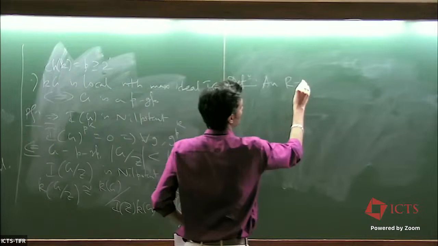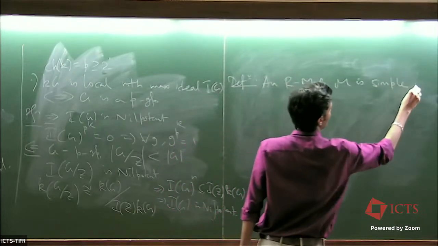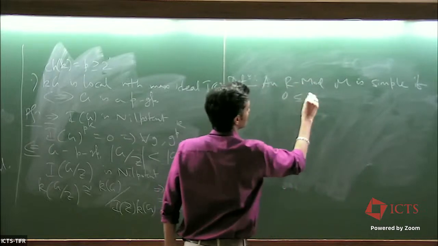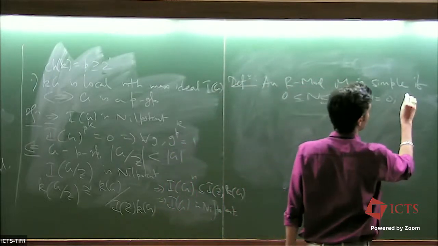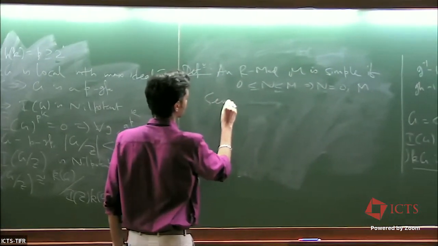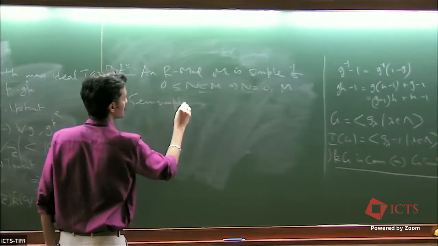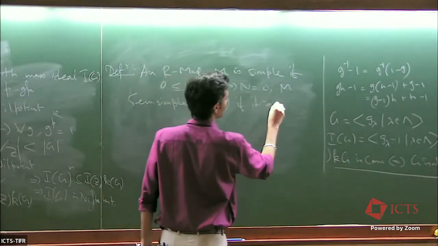An R module M is called simple if it has no non-trivial submodules, and it is called semi-simple, which henceforth I will denote by SS, if it is a sum of simple modules.